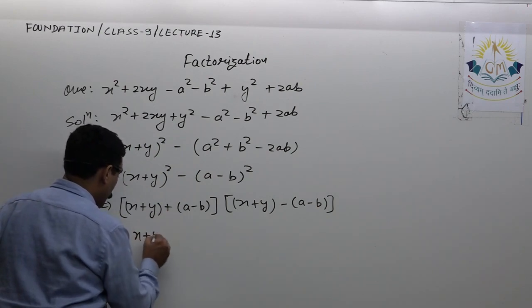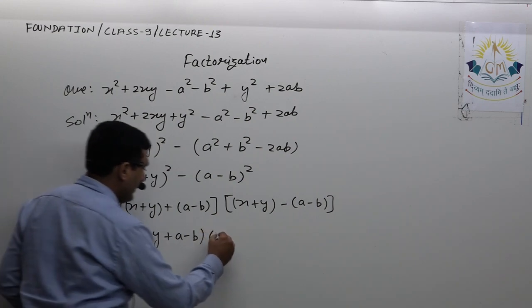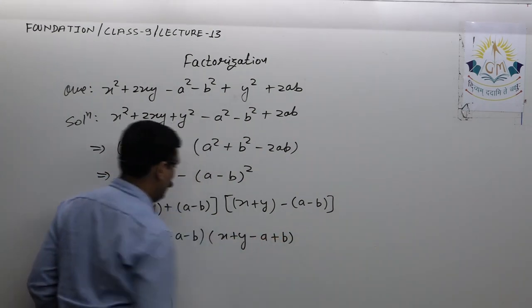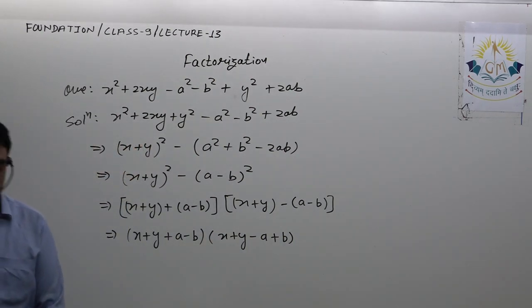So here x plus y plus a minus b, over here it is x plus y minus a plus b. So these are the factors of the given expression. So note it down, then we'll see the next question.